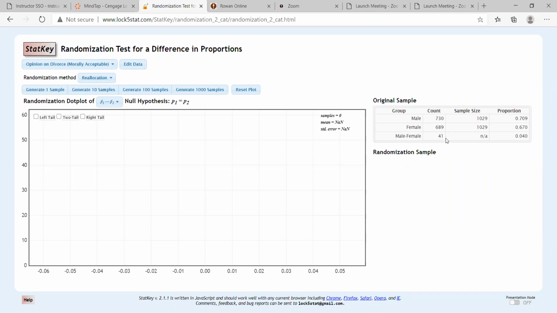All right, yes or no. So basically there were 1,029 males, 1,029 females. They were asked independently this question. Out of the 1,029 males, 730 of them said yes, they found it morally acceptable to get a divorce. Out of the 1,029 females, 689 of them said yes.